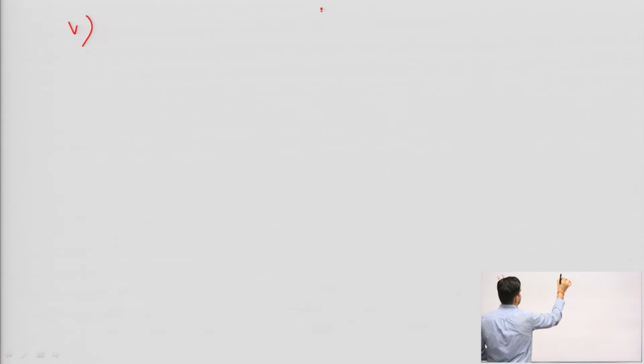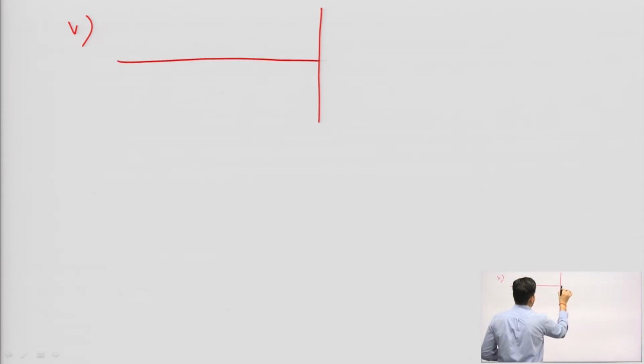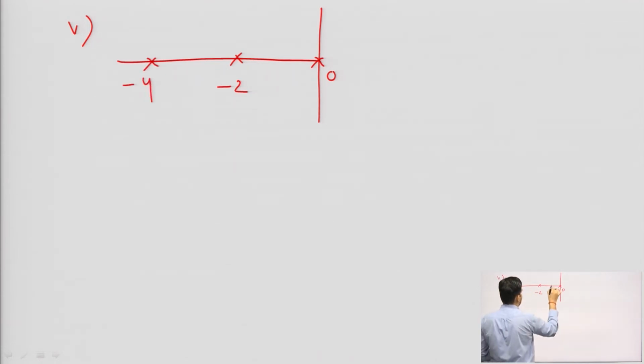We have to draw first the valid region on the root locus: one pole at the origin, one pole at minus 2, one pole at minus 4, and one open loop 0 at minus 1, right. Now what is the valid region of the root locus? If I am standing here, this is the valid region. If I am standing here, the count is even, so not a valid region. If I am standing here, the count is 3, 2 poles and 1 zero, valid region.